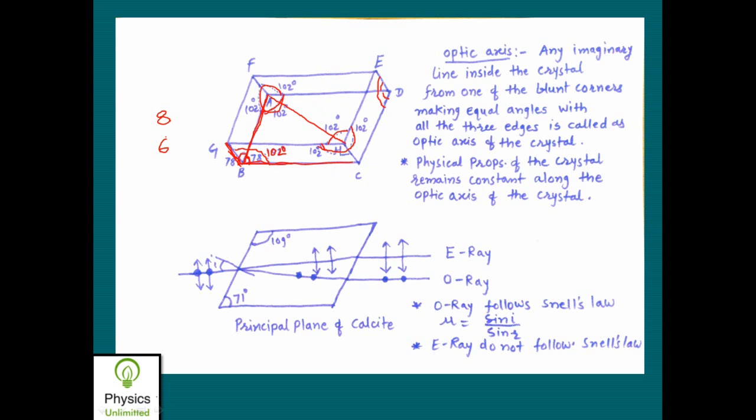So the diametrically opposite corners at which all the angles are equal obtuse angles of 102 degree, that is A and H of the crystal, are known as blunt corners of the crystal.